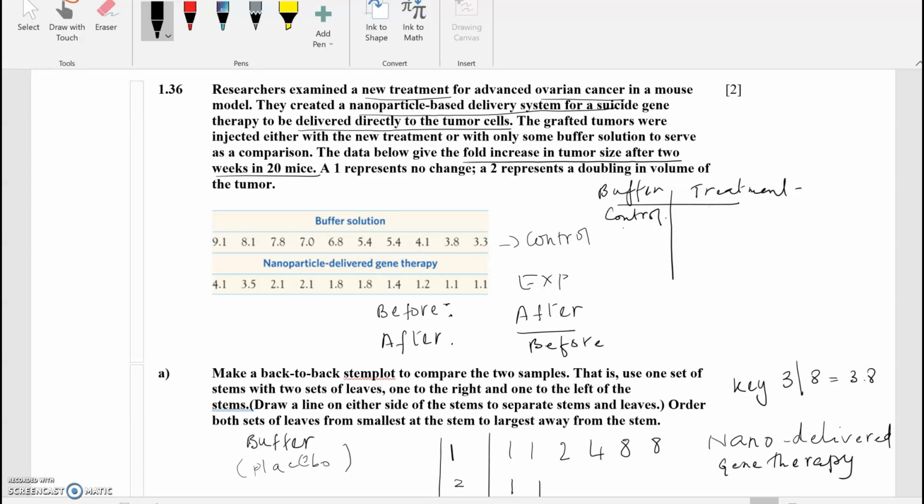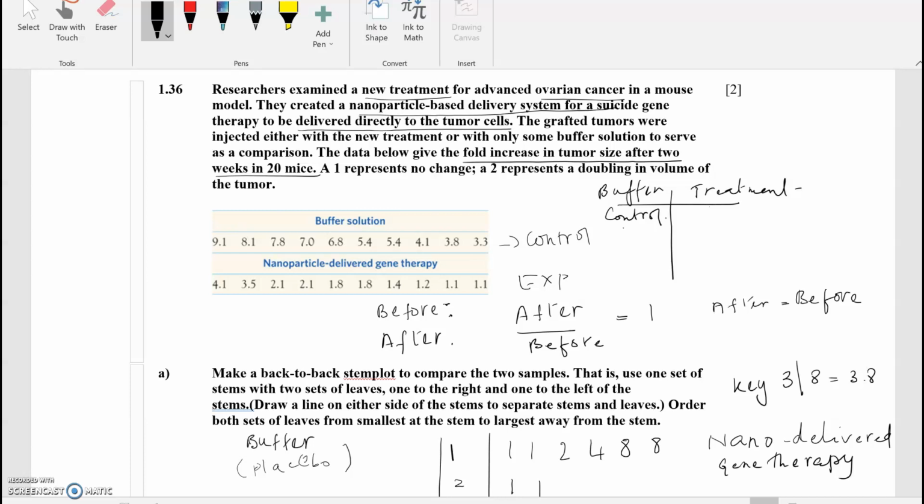Suppose after divided by before is 1. What that would mean is that the after size is equal to the before size, which means after the treatment the tumor did not grow at all because they are the exact same size.